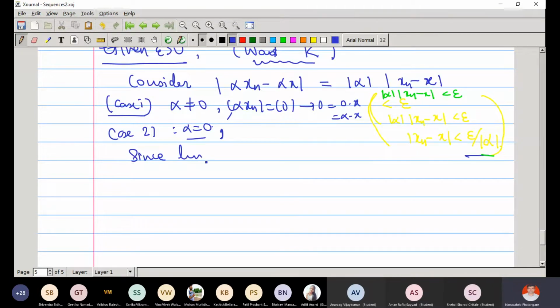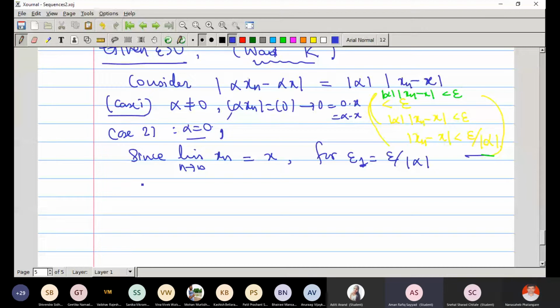Since limit xn is equal to x, take epsilon 1 equal to epsilon divided by the absolute value of alpha.